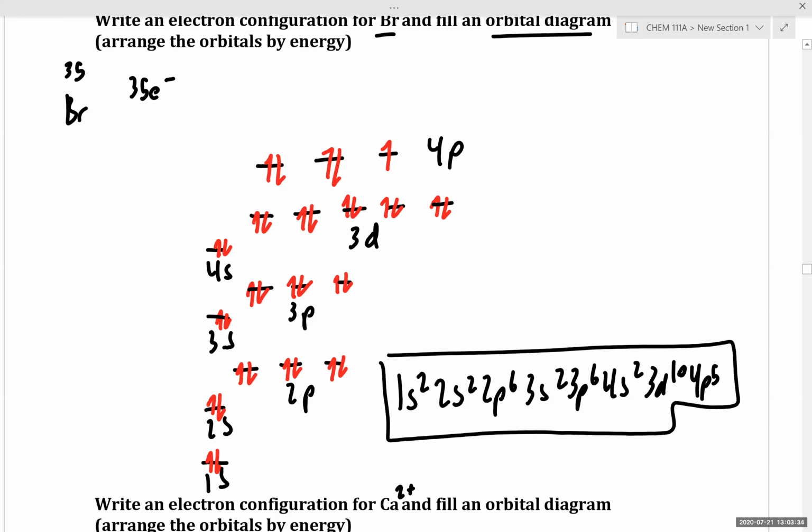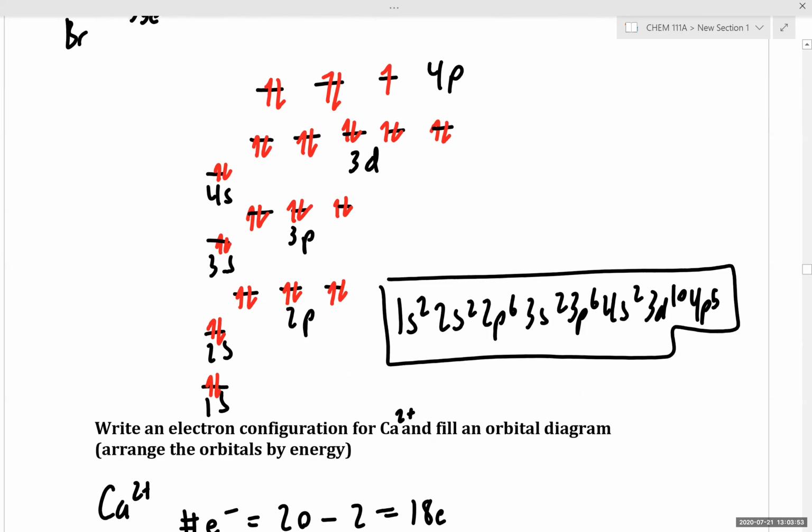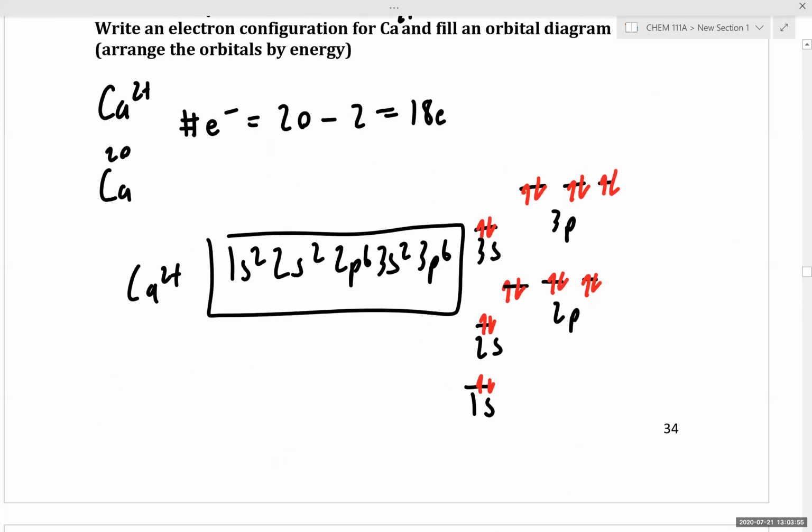Any questions I can address for these two examples? Any questions?